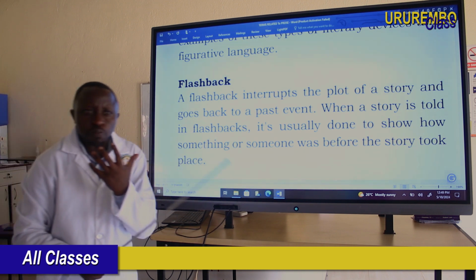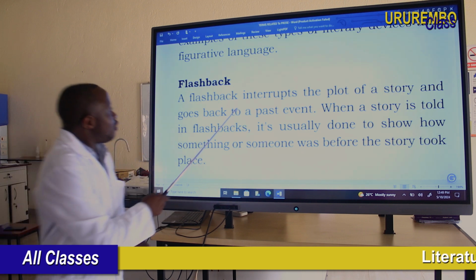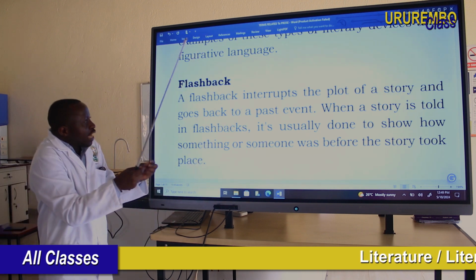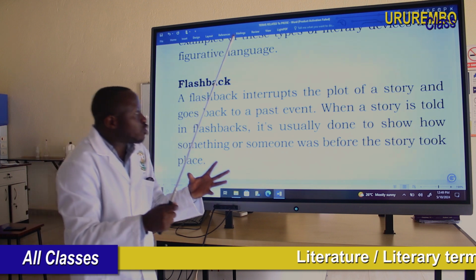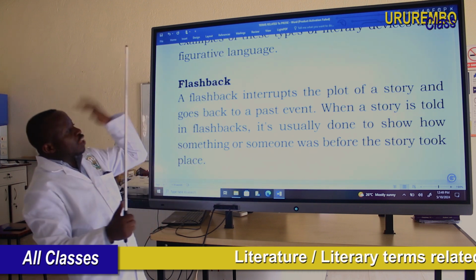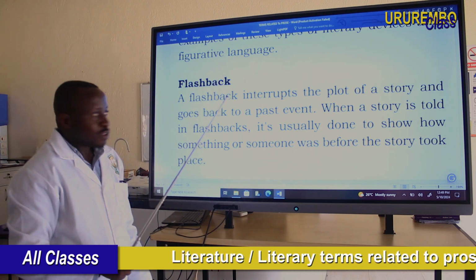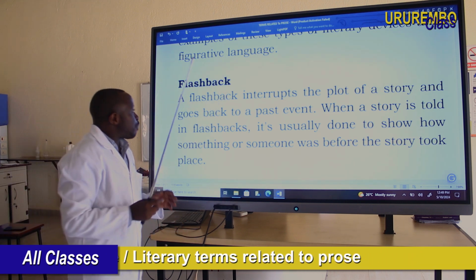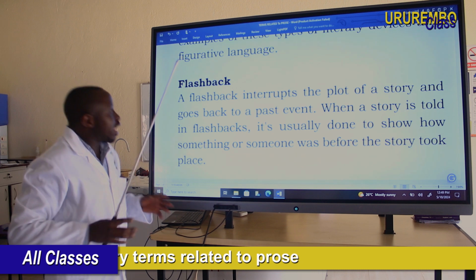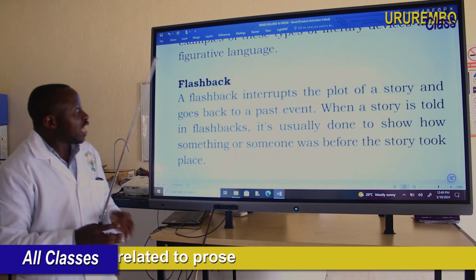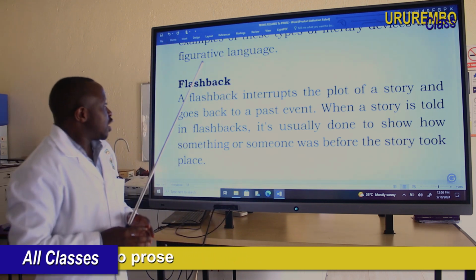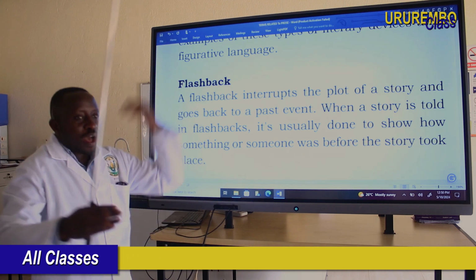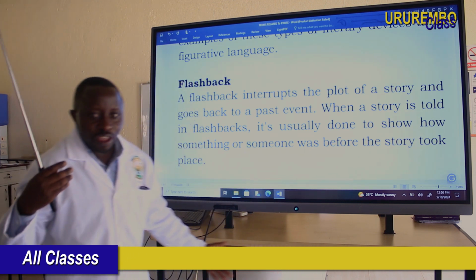Now, a flashback interrupts the plot of a story and goes back to the past event. So a flashback is a prose term, a literary term that interrupts the plot. It means it goes back to the past event.